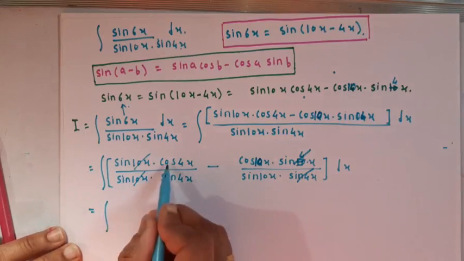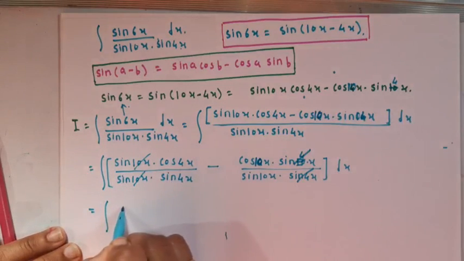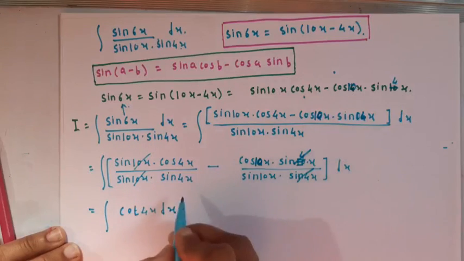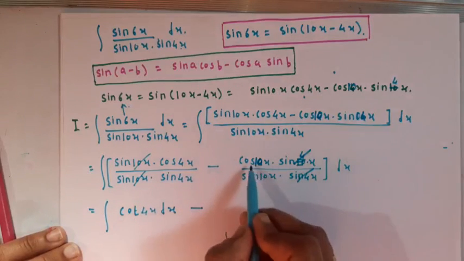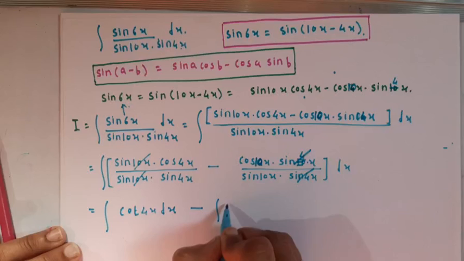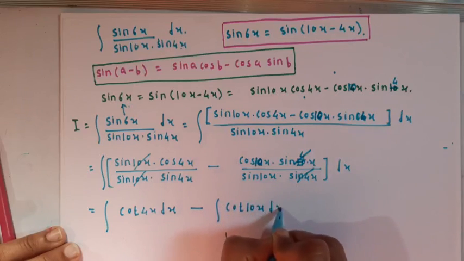cos x upon sin x, that is cot of 4x with respect to x. Now take their integration separately. Cos of 10x upon sin of 10x, that is cot of 10x with respect to x.